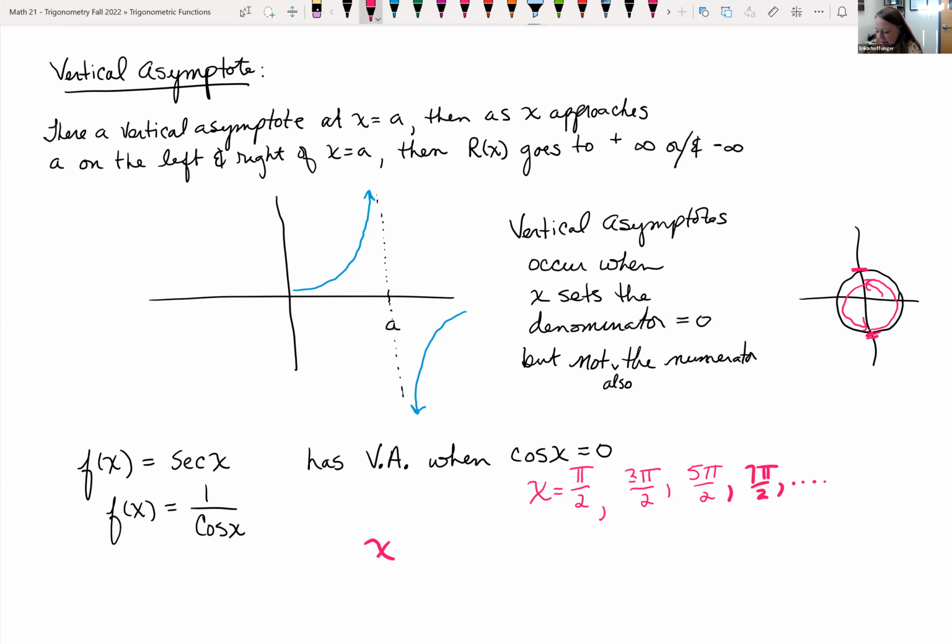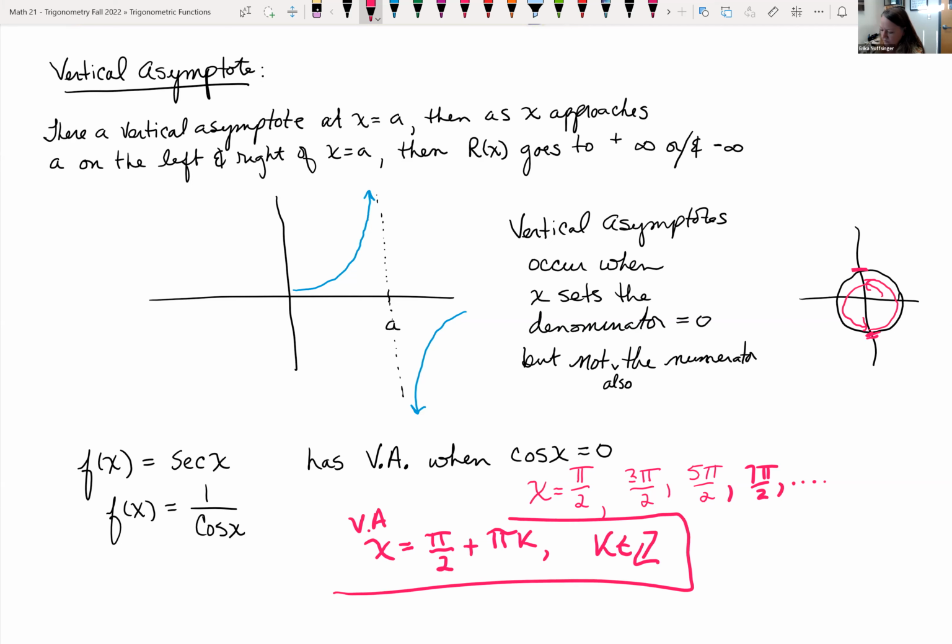Or we can say x equals pi halves, and notice this is every pi, so plus pi times k, where k is an integer. Okay, so we're going to have vertical asymptotes for our secant of x.